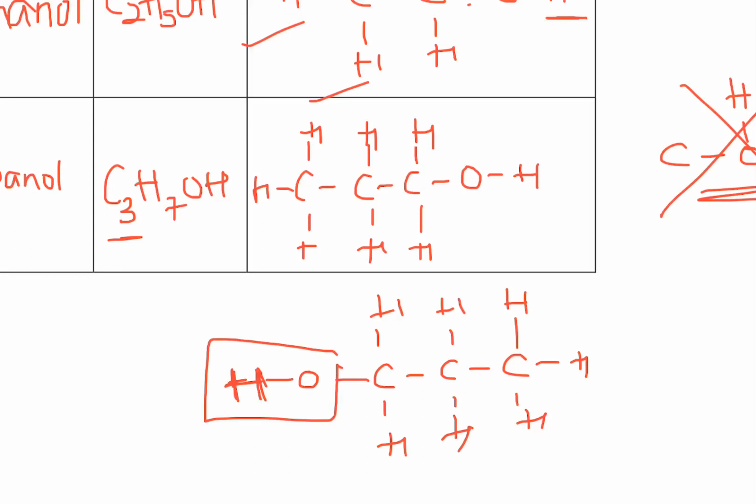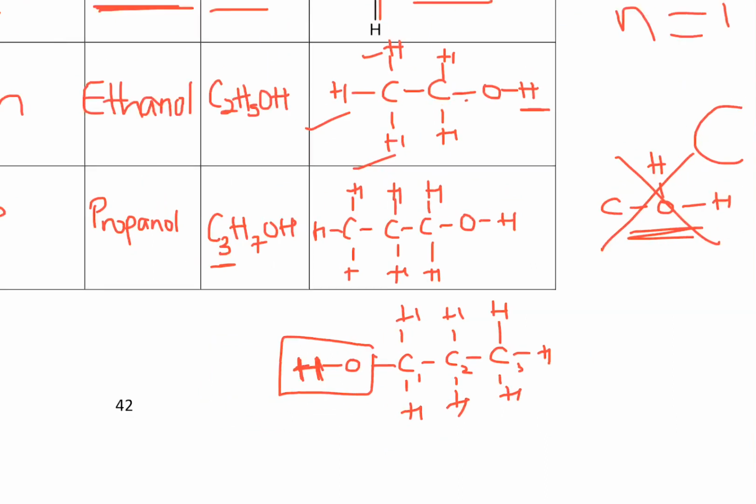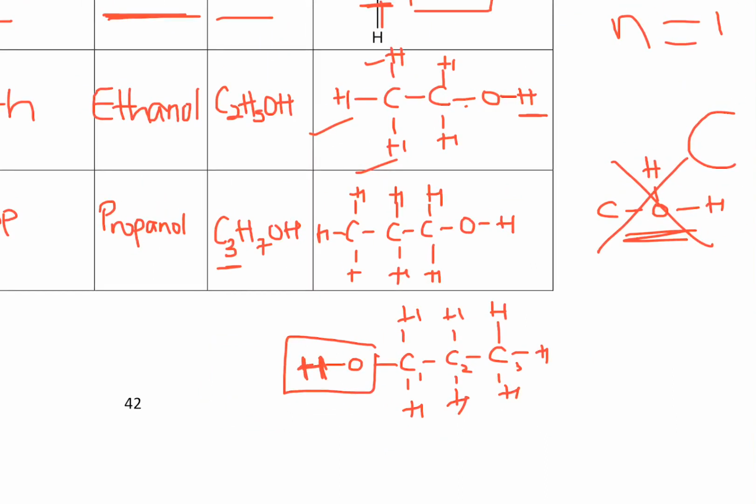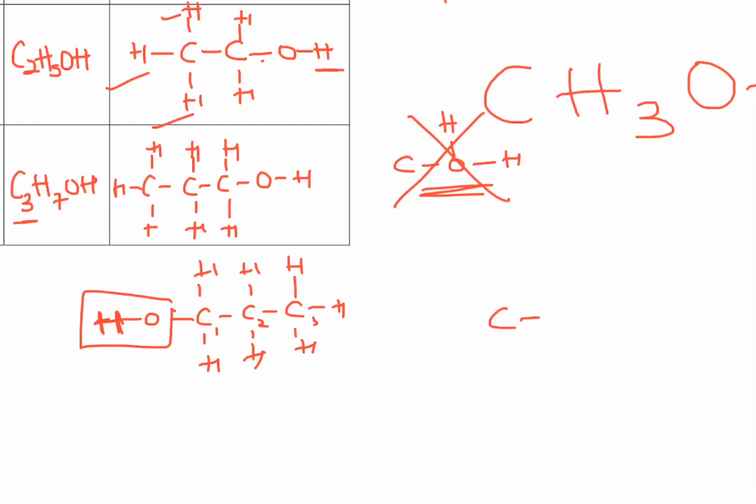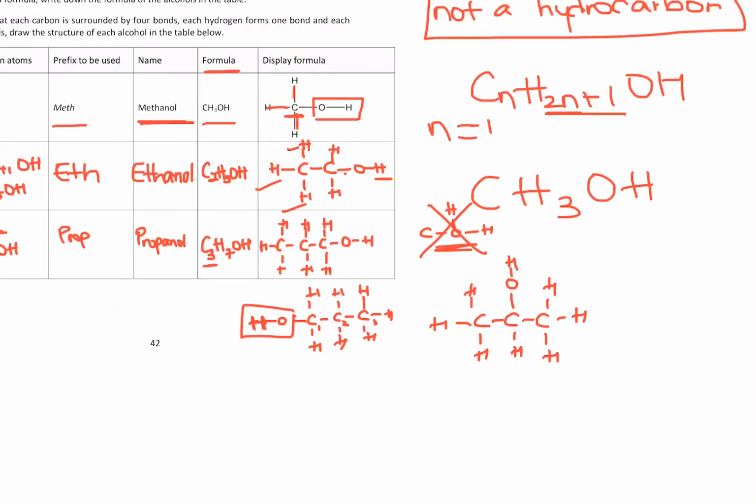So then you can have it on the first carbon or the second carbon. It will still be the same molecular formula, but with a different structural formula. So you could have the OH here, and then you fill up with the H. So this is an isomer of the alcohol.